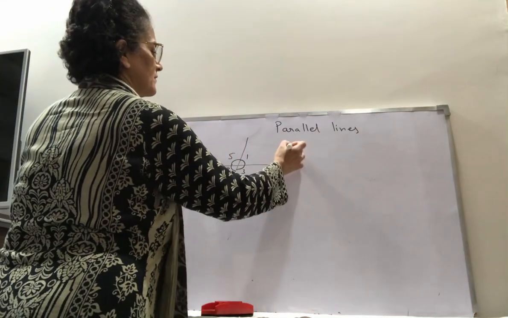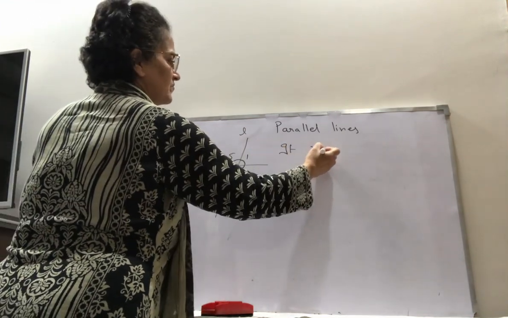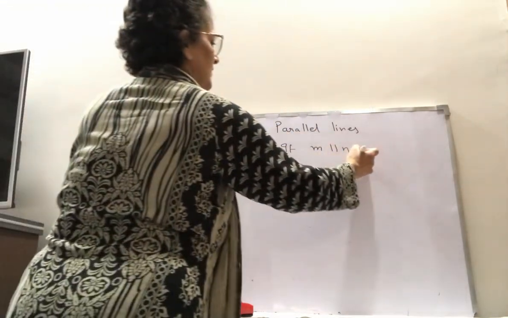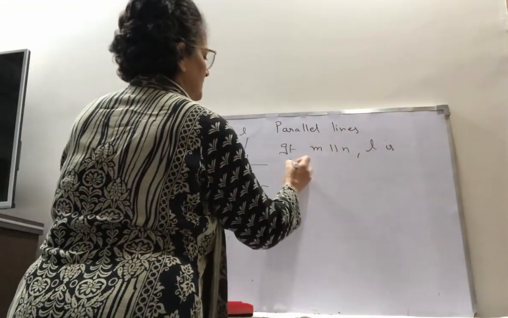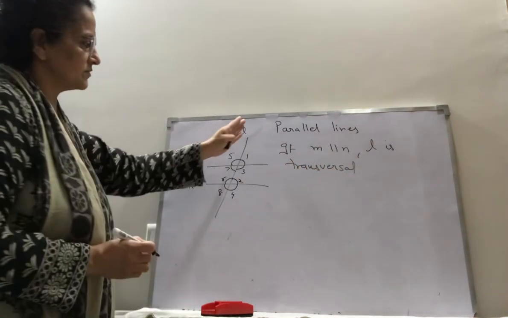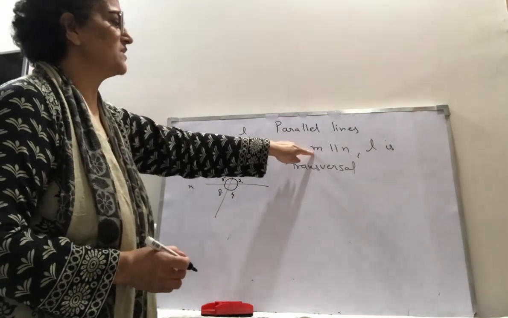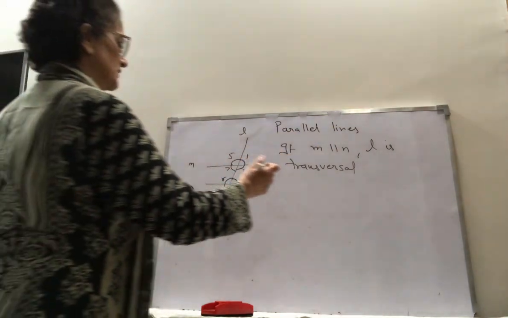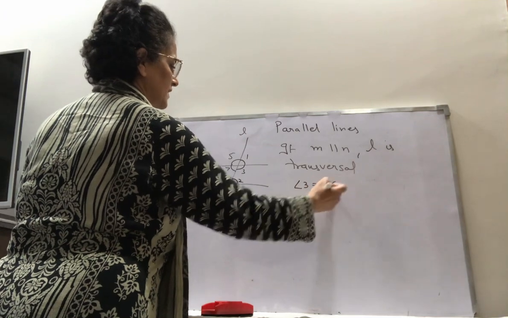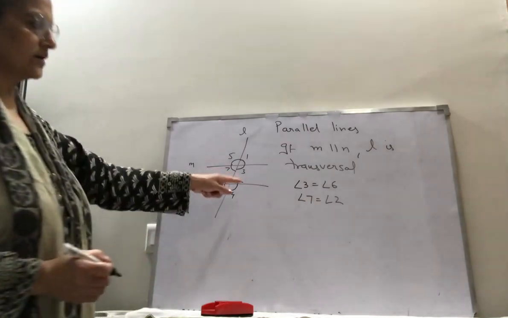So if M is parallel to N, this is given to you, and L is the transversal, because we are getting these angles because of this transversal. So if M is parallel to N and L is transversal, angle 3 will be equal to angle 6. Angle 7 will be equal to angle 2.